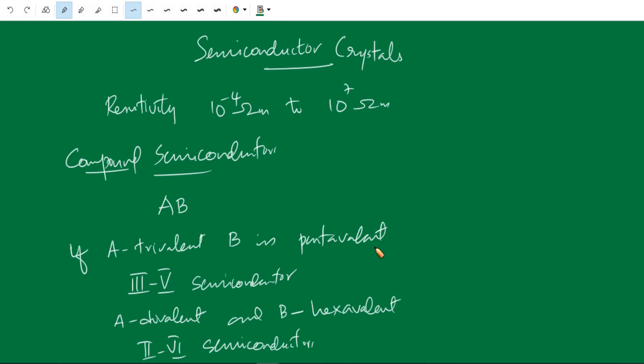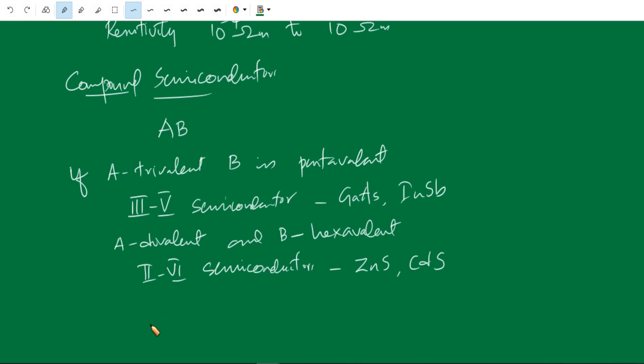Examples for these 3,5 semiconductors are gallium arsenide and indium antimonide. Examples of 2,6 semiconductors are zinc sulfide, cadmium sulfide, etc. There are also 4,4 semiconductors.